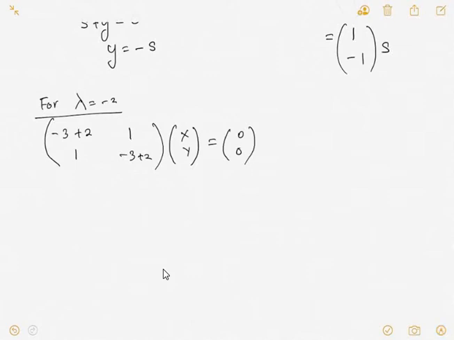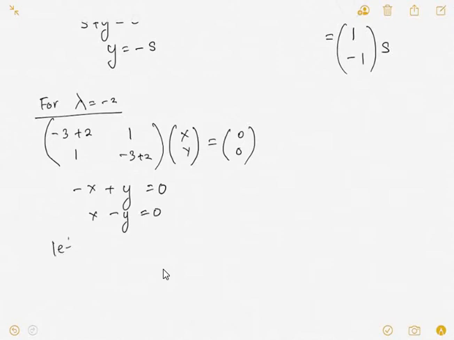Negative 3 plus 2 gives negative 1, so negative x plus y equals 0, and the other one is also the same: x minus y equals 0.